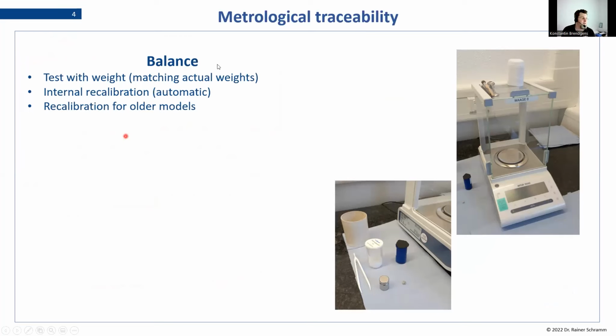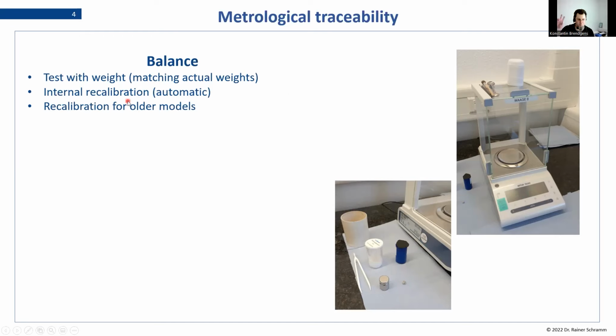Something, for example, FLUXANA does every day. We have one of these little testing weights, and we put them on the balance in the morning, and we check the weights and make sure that it's working the same way as yesterday. One thing to keep in mind here is that depending on your type of balance, you will have to do manual recalibration.